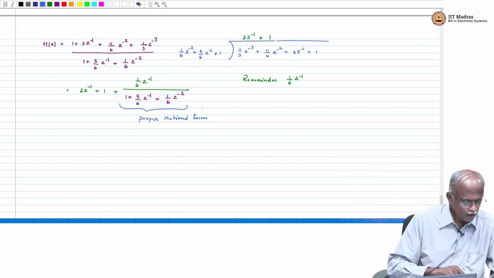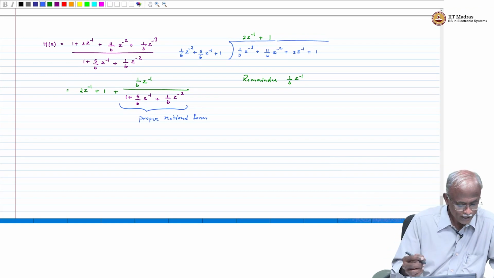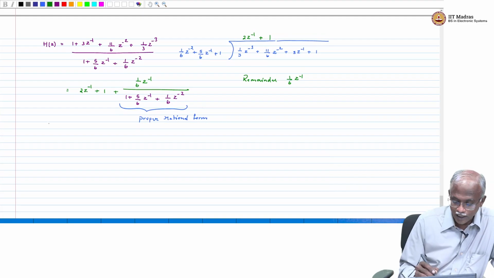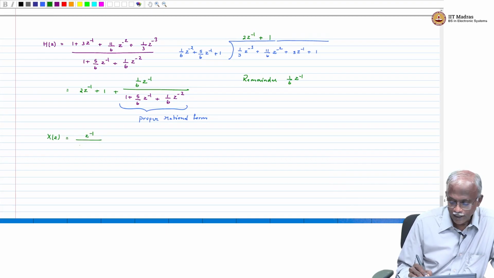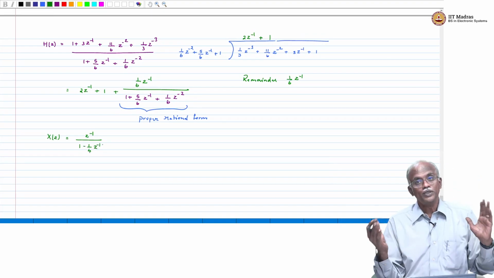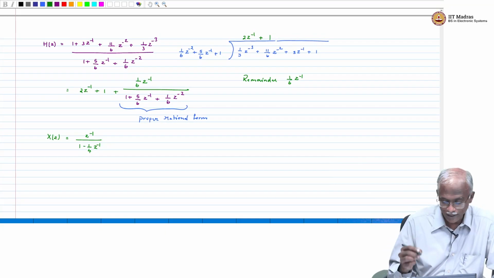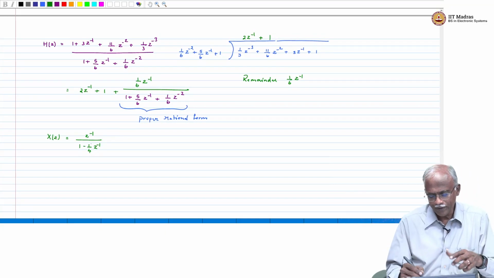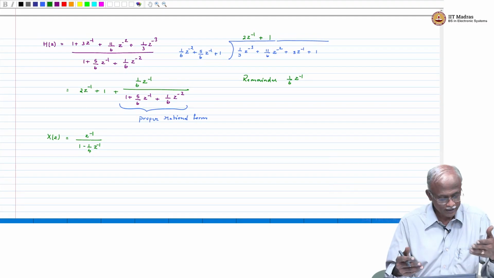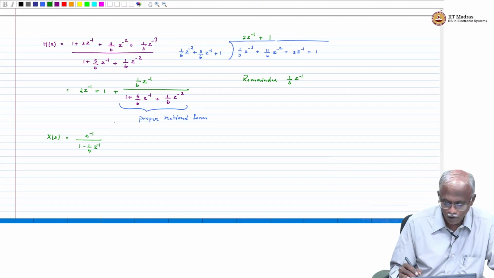Okay, now what I would like you to do is convert this transfer function that we have, x of z equal to z inverse divided by 1 minus 1/4 z inverse, into a proper rational form. Okay, you can do it in multiple ways, but one of the ways, whenever you have only a first order factor, it is easy to do it in the following manner.